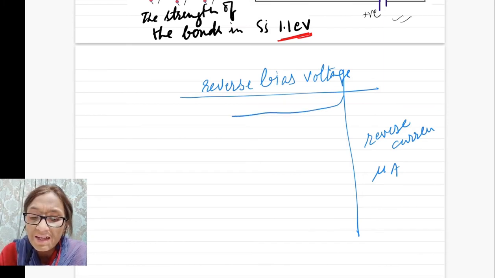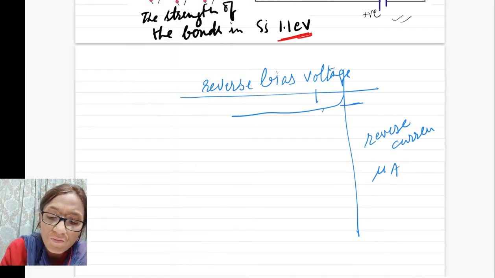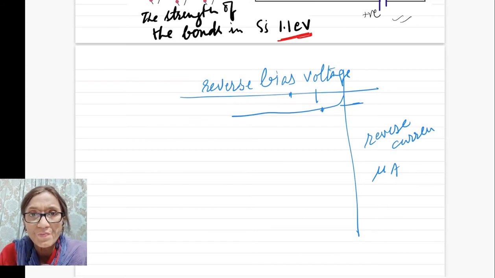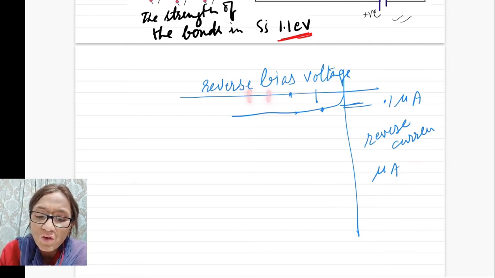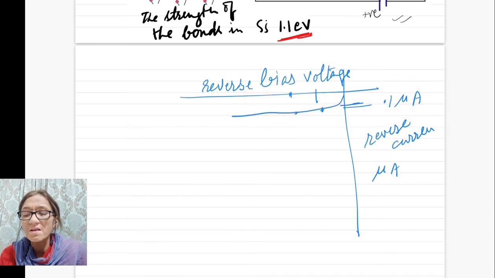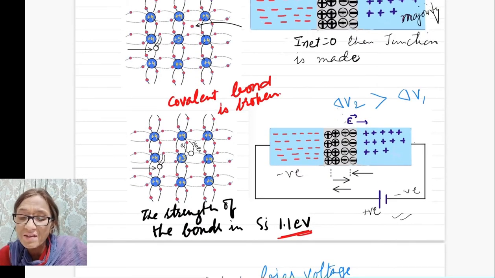So you will find that this remains almost constant. When you apply a certain voltage, the current is the same. You increase the voltage, you find the current remains the same, nearly 0.1 microampere. So you go on increasing voltage, but the current almost remains the same, because this drift current does not depend on applied voltage. Applied voltage only prohibits your diffusion current.